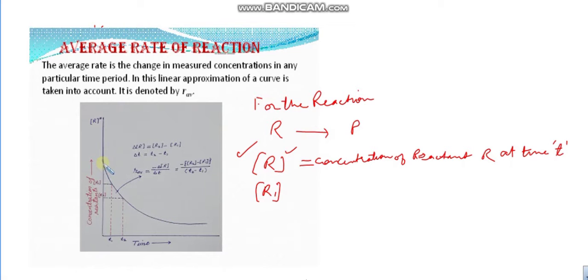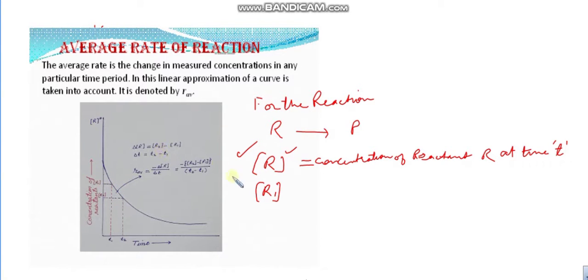Initially, as time change marginally, concentration change in a great extent. So the slope, initially slope will be greater, and after some time here slope will be small. So you are looking here that suppose at this particular time t1, concentration of reactant is R1.